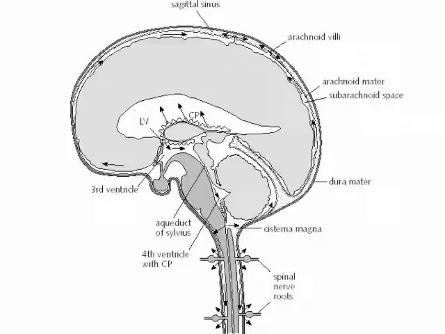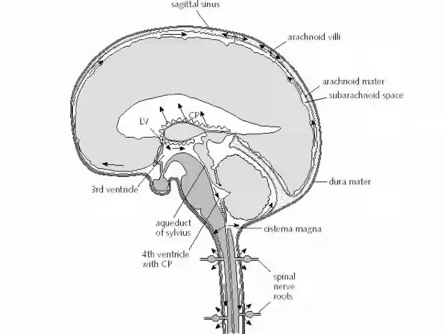Just to recap very briefly, your CSF is produced by the choroid plexus, and there's a choroid plexus in every single ventricle. So you basically have 5 choroid plexi, as it were. They produce the fluid, it comes out, and then circulates up and down the spinal cord and then over the cerebrum.